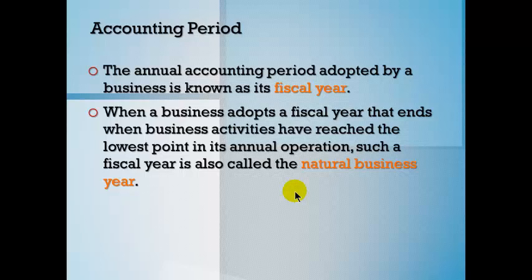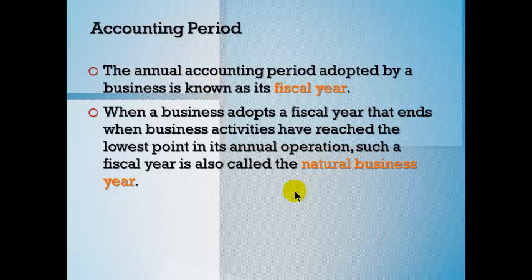And the best example of that would be a retailer. Obviously, retailers have the majority of their business happening in the months of November, late November after Thanksgiving, and then December. And then, of course, they're going to have some returns that also need to be netted against the revenue they had in December with all the Christmas shopping.